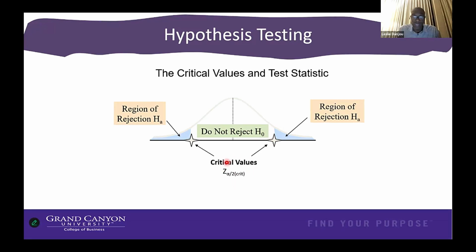You are going to see things like Z crit, T crit, F crit, whatever crit. Those are your critical boundaries that separate what is true, the status quo, the historical evidence, compared to what is not, the outer tips. So when you see crit, you should know those are your critical boundaries.